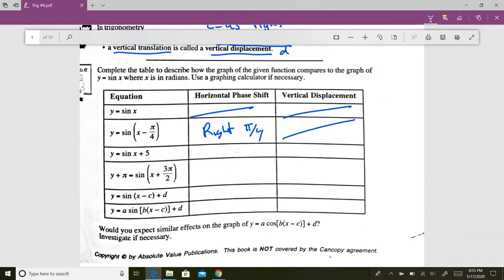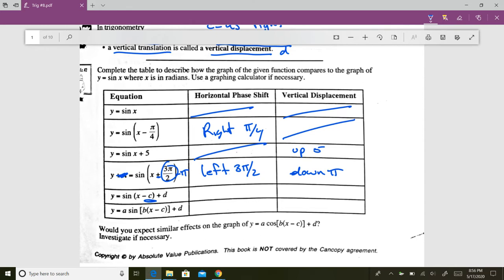Sine x plus 5, that's a d value, so we went up 5. We do a translation. This one, remember, move the pi over here, it becomes negative pi. So we went down pi units. 2 pi over 2 is positive, so that means we went left. 3 pi over 2.